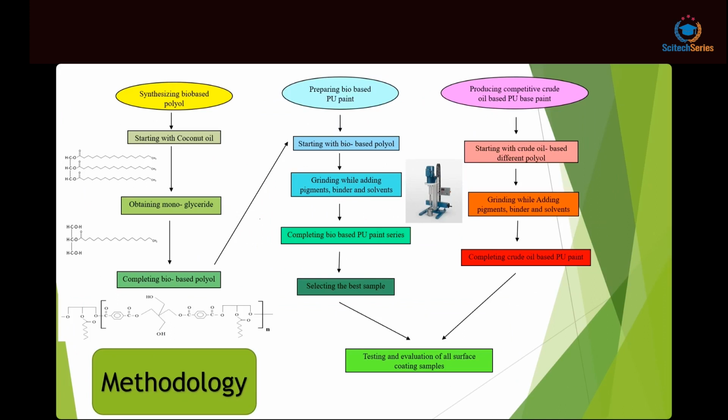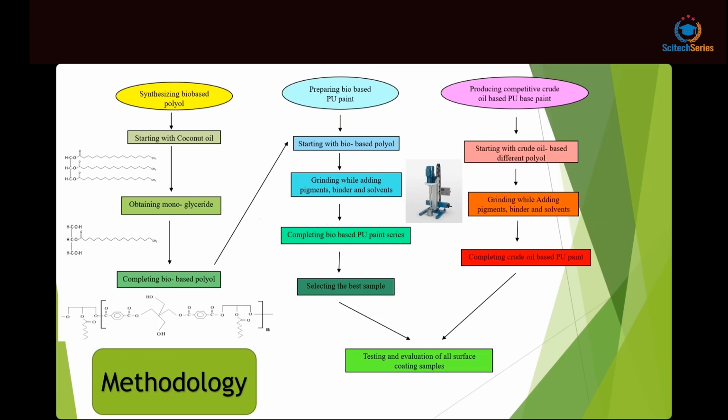In the monoglyceride pathway, I used glycerine to remove these excess two fatty acids, and finally it ends up with monoglyceride. Monoglyceride contains only one fatty acid in this structure. Therefore, two OH groups are freely available to modify.